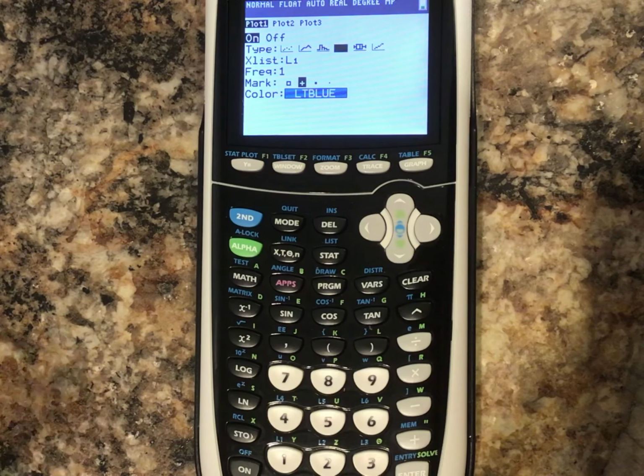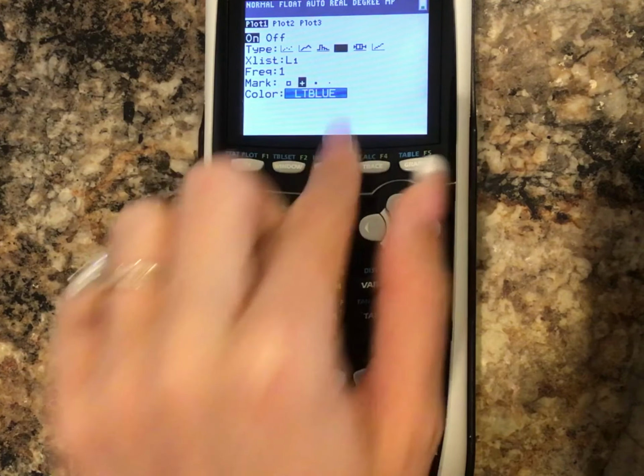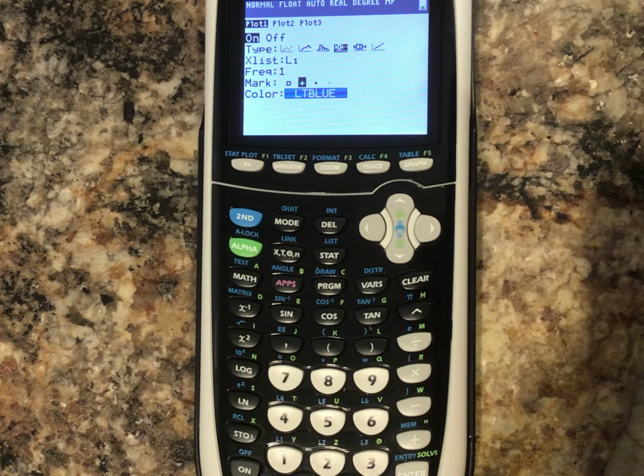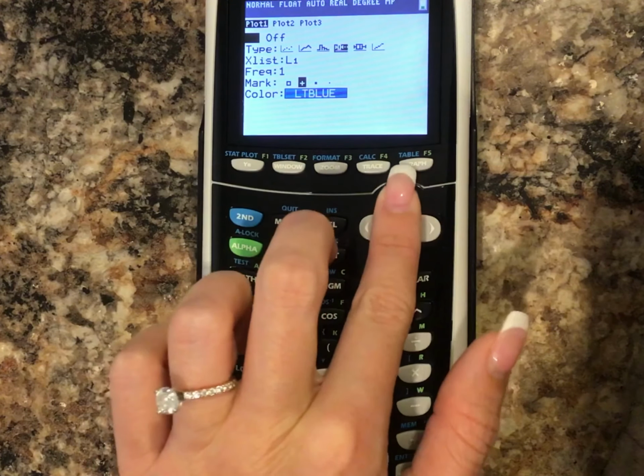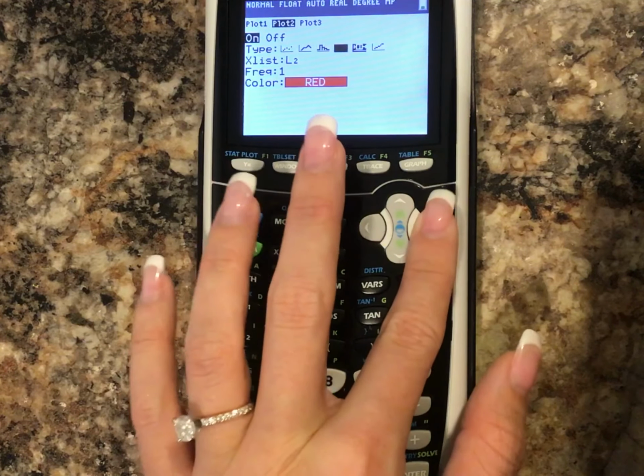So the data that is mostly clustered together and not those outliers. Those outliers are going to be starred out. So you can change what mark you want to mark the outliers with. I've just put a cross. And then we're going to do the same thing for plot 2 to see if we've got any outliers in that data.